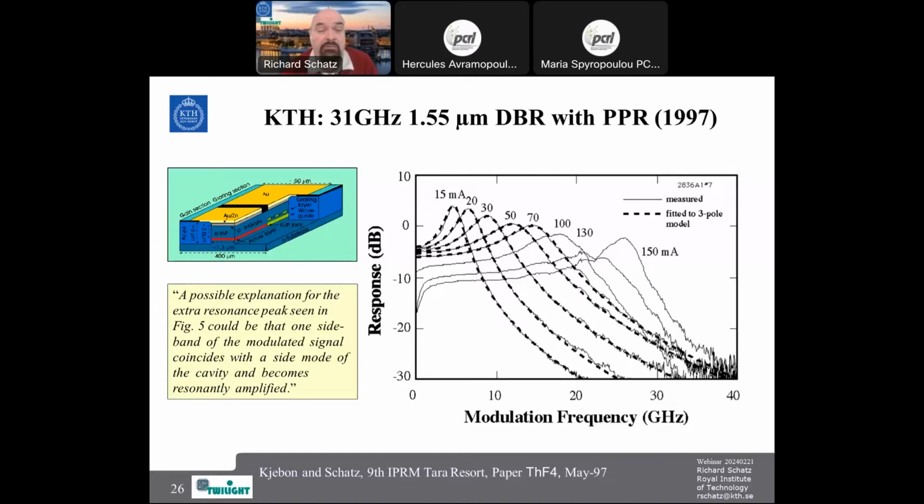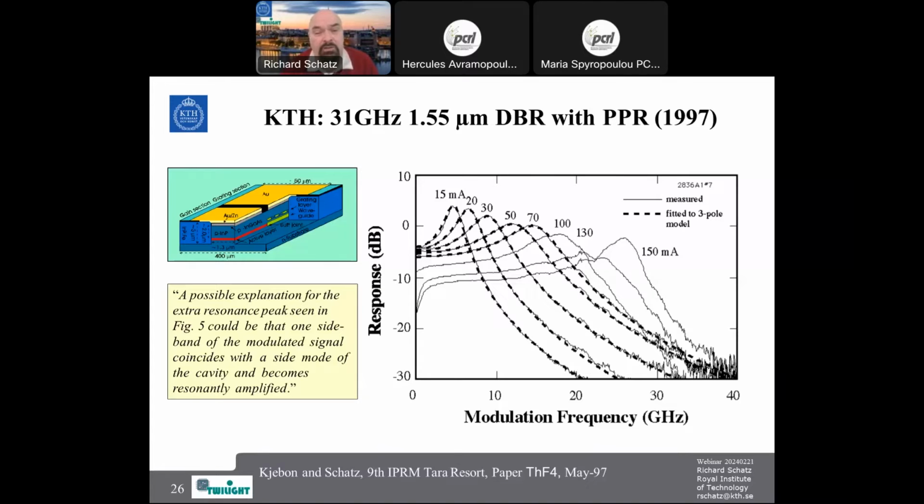It's possible to have, instead of an external modulated laser, which EML stands for, a modulator in the cavity. And then you can utilize this effect, so that instead of modulating the carrier density, you modulate the electroabsorption or phase of your EML, and that you can do very fast.